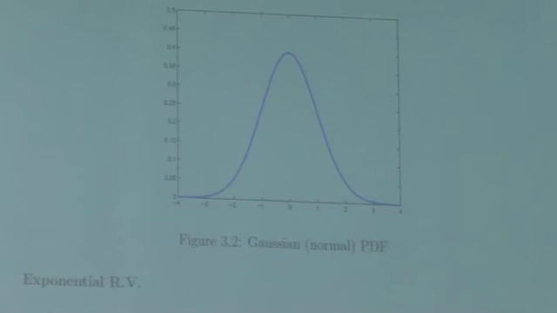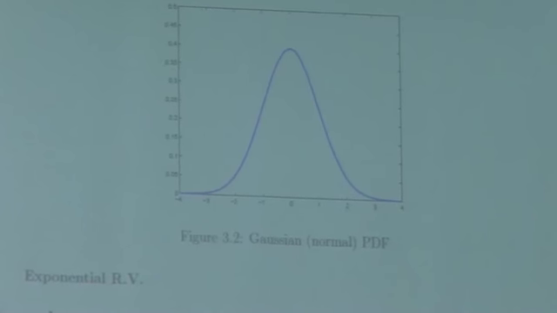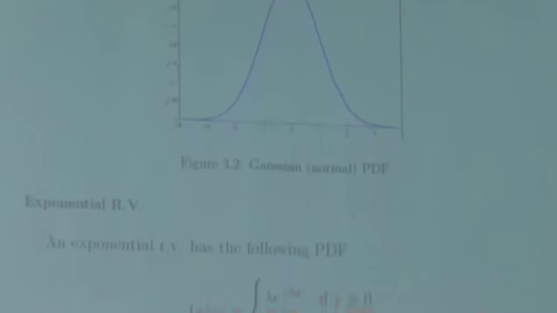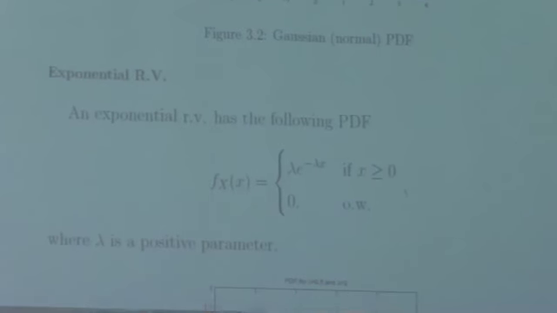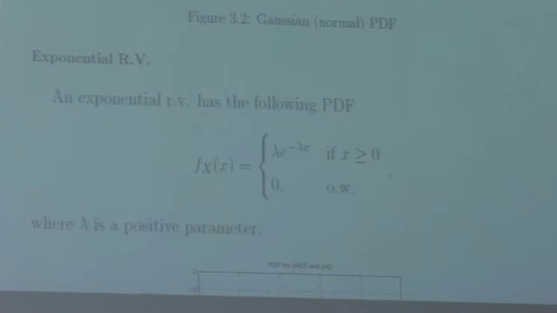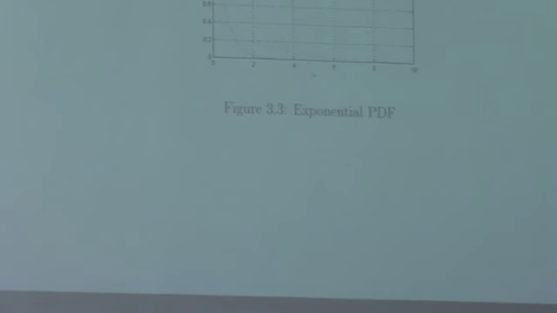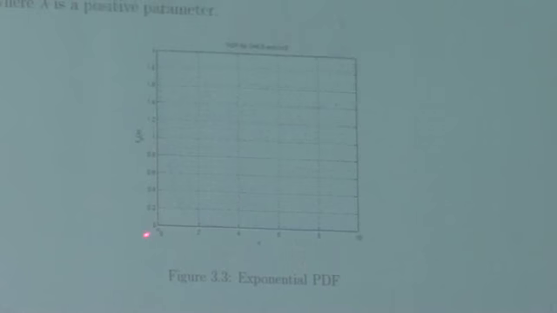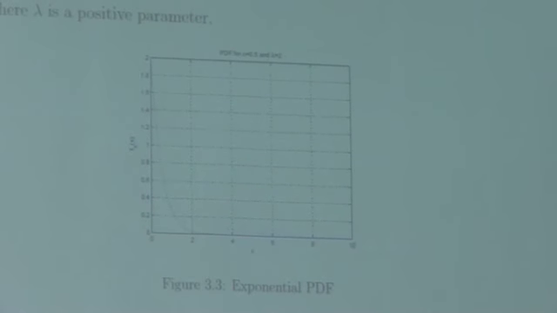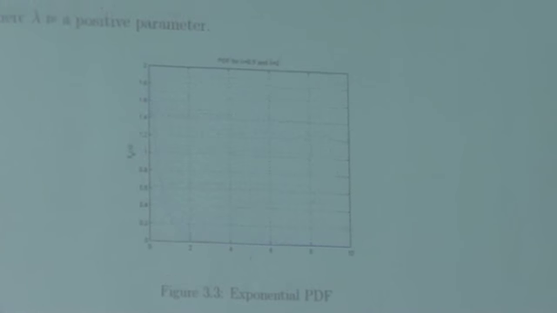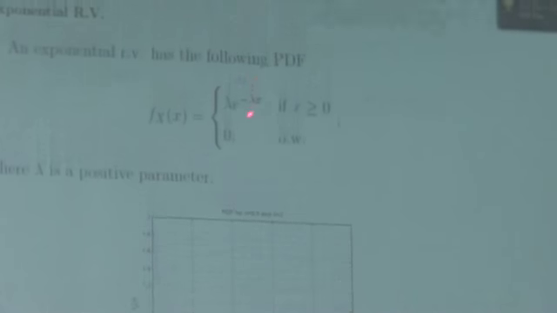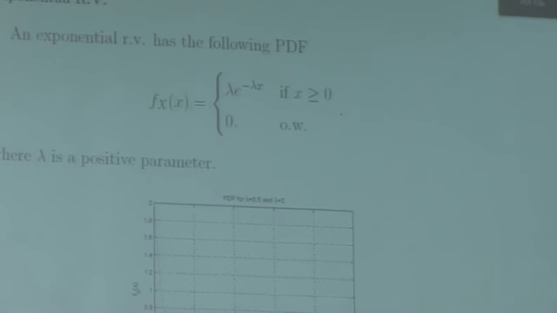And the final example of a continuous random variable that we studied last time was the exponential. The exponential is one-sided, so it exists only on the right-hand side of the origin. fx of x is equal to lambda e to the minus lambda x when x is positive and 0 otherwise.